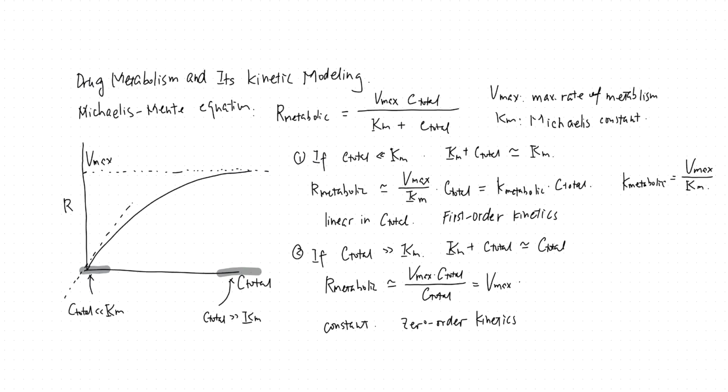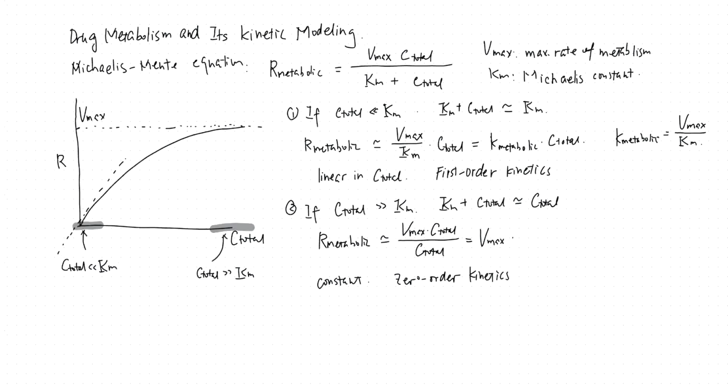And the reason sometimes people like this approximation is that people may use the metabolic rate R as a part of another larger model. And if it's nonlinear in C total, you can see the metabolic rate is a sigmoid equation. It's nonlinear in concentration. And then mathematically, if you have a nonlinear equation, it will make it harder to solve analytically. So in order to get the intuition of what happens, people want to derive things analytically.